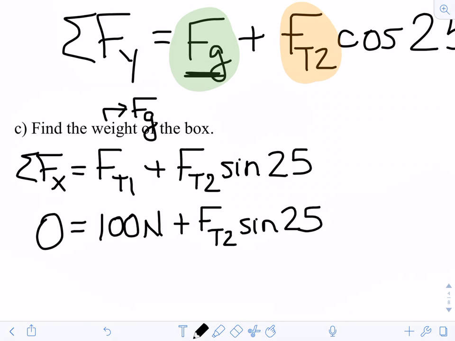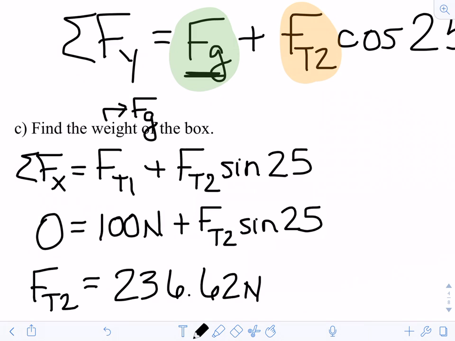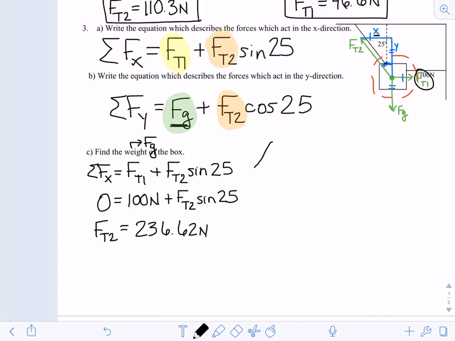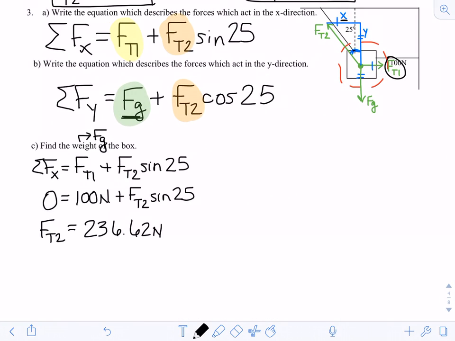And if we do the algebra, and I know you guys are so good at algebra, I'm sure that you can do this, and find that the tension in our second rope should be 236.62 newtons. And I'm not going to worry right now about whether that's a positive or a negative, because the force diagram tells me about whether things should be positives or negatives.